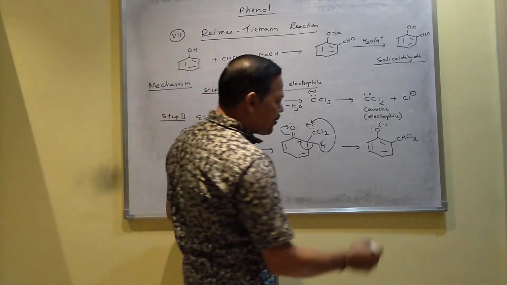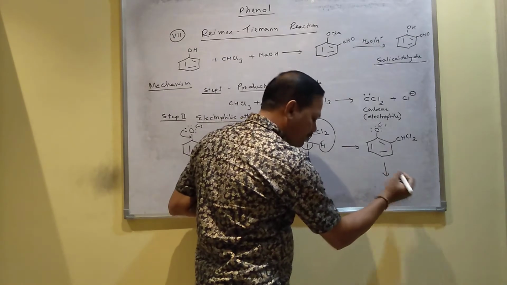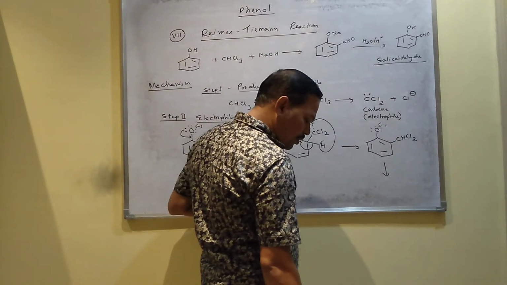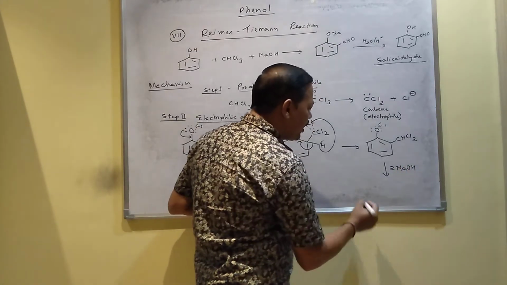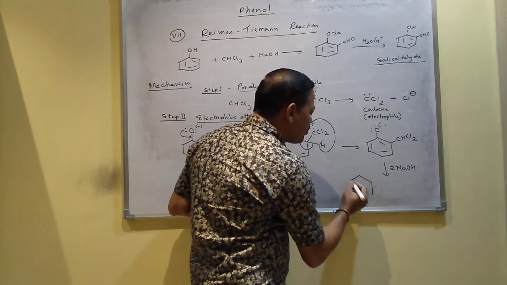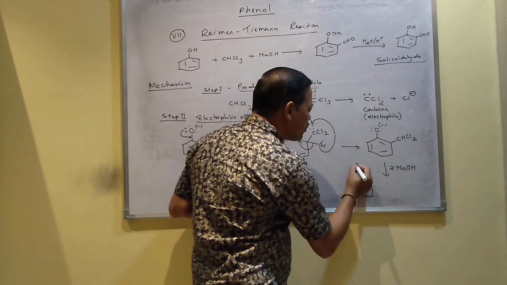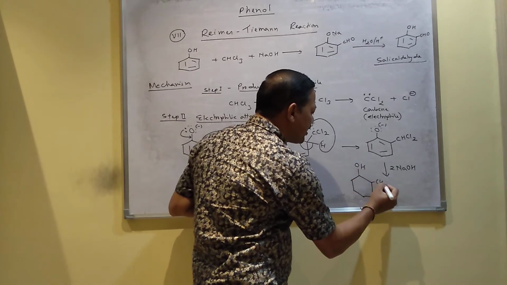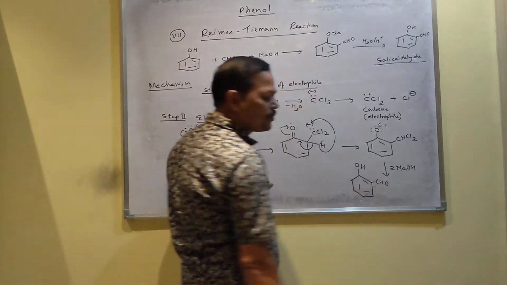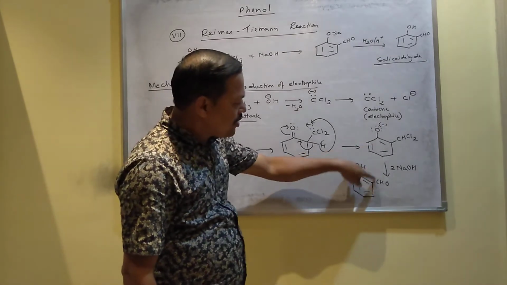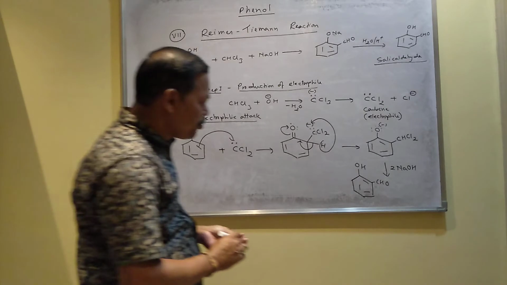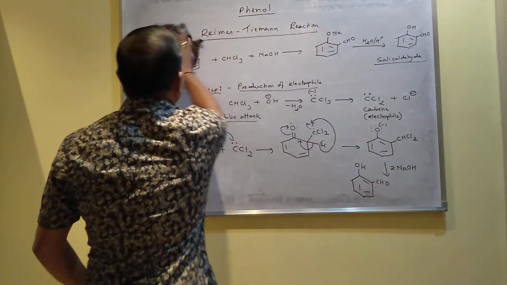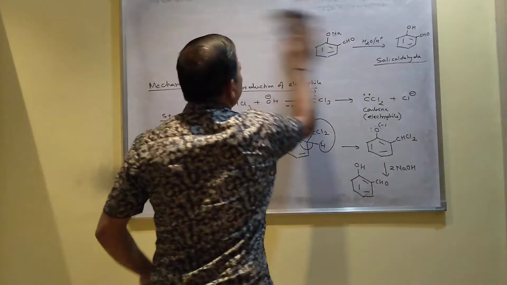After getting this, when you apply sodium hydroxide, then it will convert it to salicylaldehyde. If you do not understand this step, then I can show you here how it is produced.